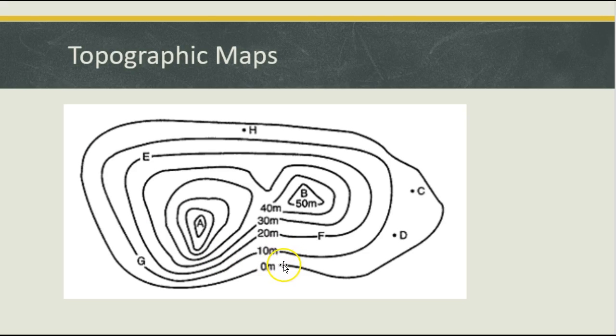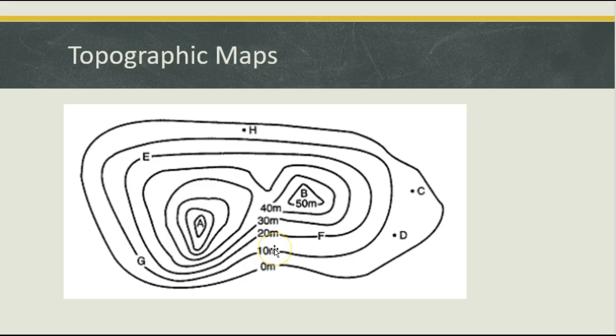The difference between these two lines is our contour interval. Okay, so these are our contour lines, and these are markers, so they're contour interval lines. They're darkened, and the difference between them is our contour interval. So if we want to know the elevation change between these two lines, we would take the larger number, subtract the smaller number, and that would give us our contour interval.